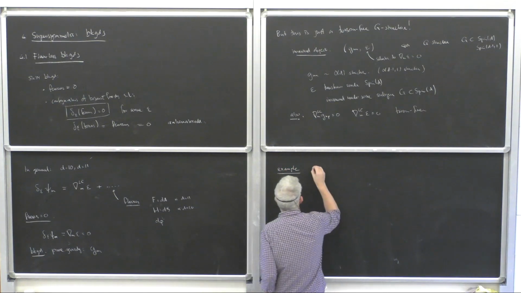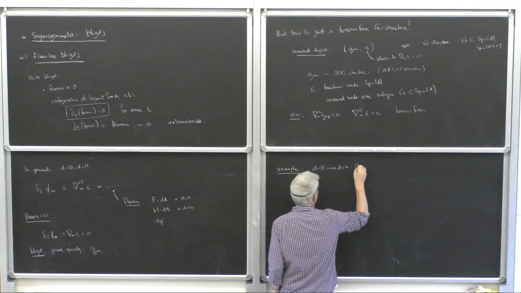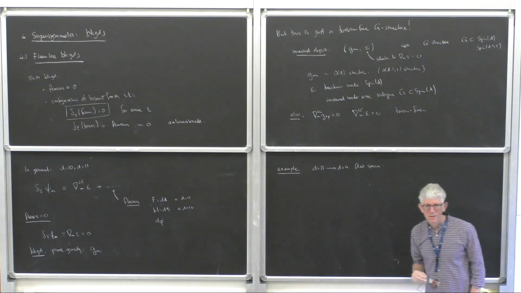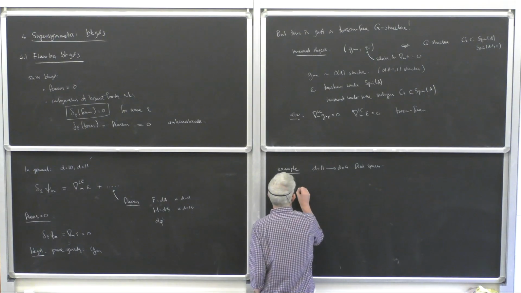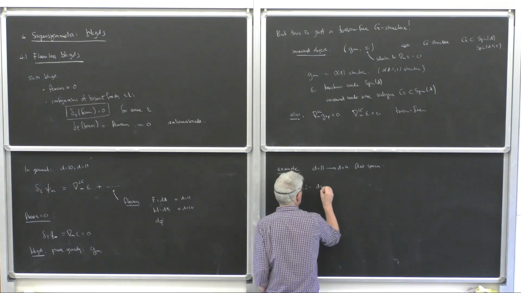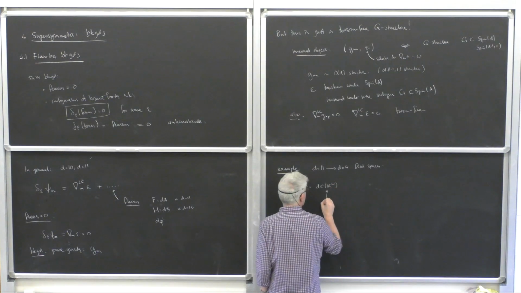So suppose I want to take D equals 11 and go down to D equals 4 flat space. So suppose I want to compactify D equals 11 down to D equals 4. So I would choose my 11-dimensional metric to look something like, this is the flat metric.